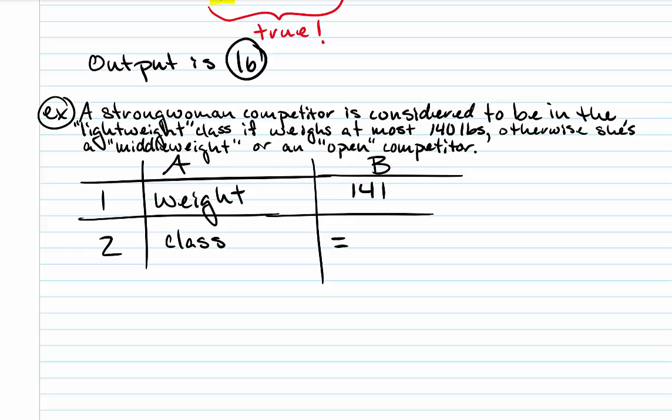So the IF statement would be: if cell B1, because that's her weight, is less than or equal to 140. It's less than or equal to because that's what the words at most mean. It means less than or equal to 140 pounds. So if that evaluates to true, we should return lightweight because that is the name of her weight class.